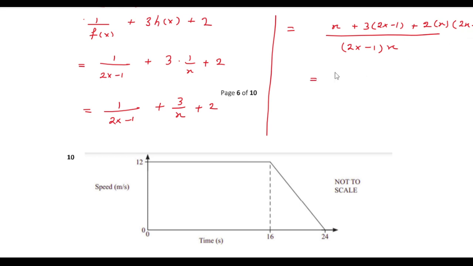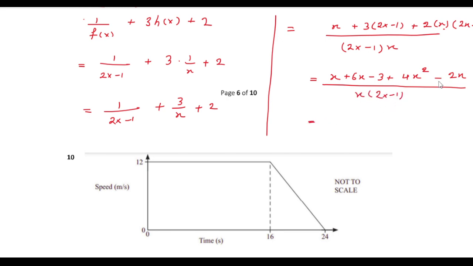So simplification of numerator is x plus 6x minus 3 plus 4x square minus 2x, and then this whole divided by x times 2x minus 1.